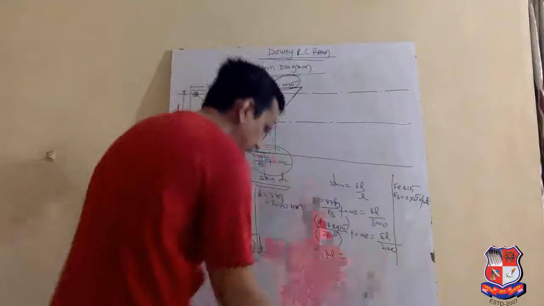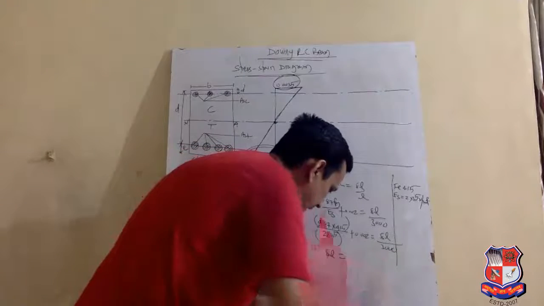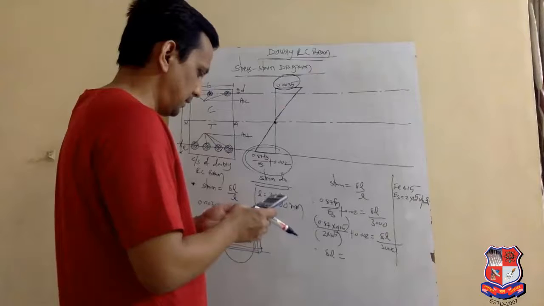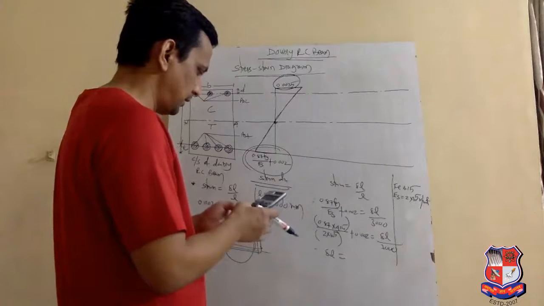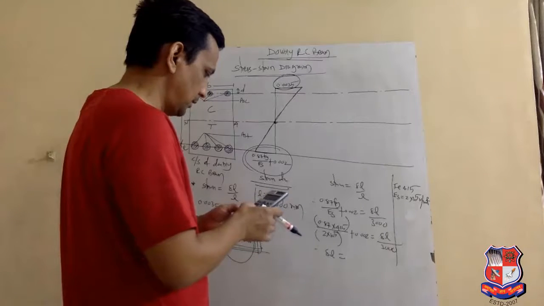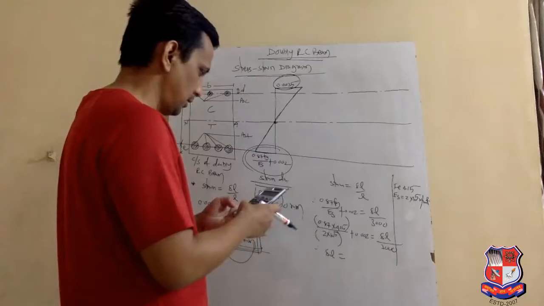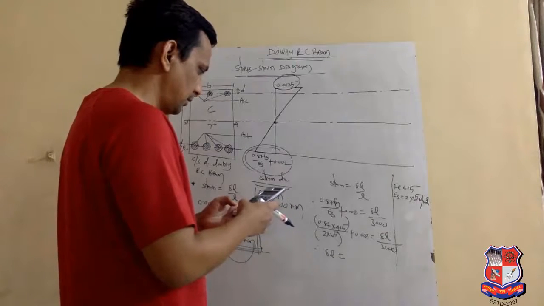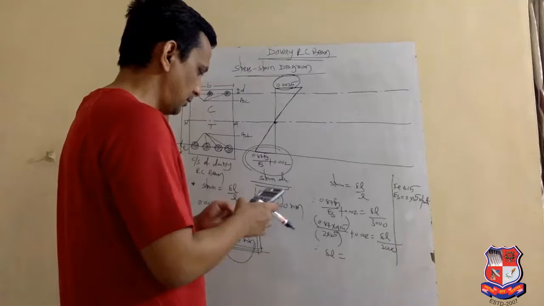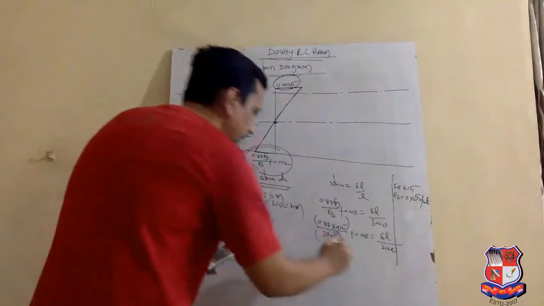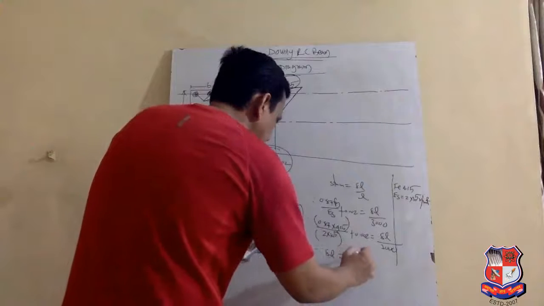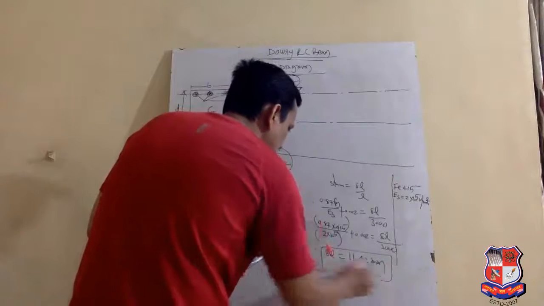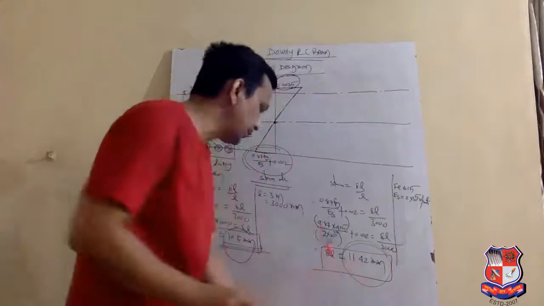In this way, we get delta L as 11.42 mm. Right?